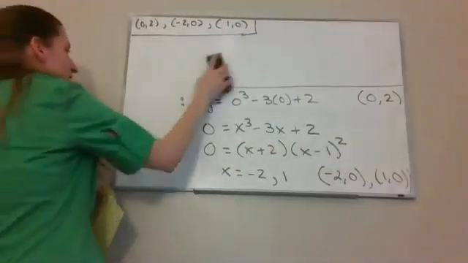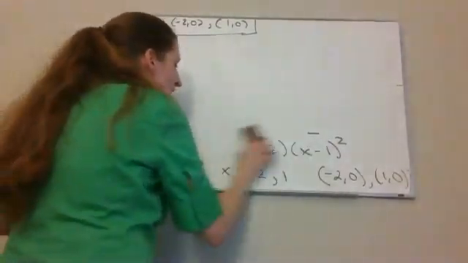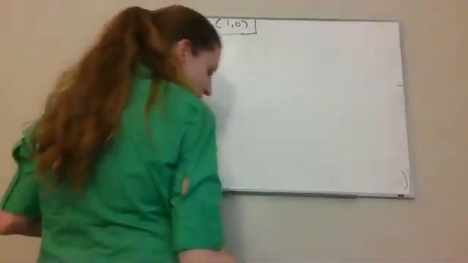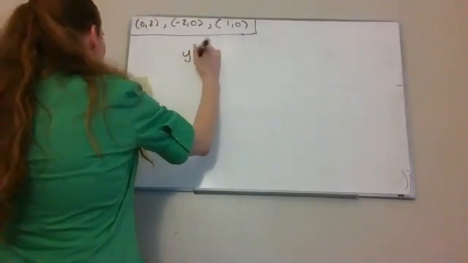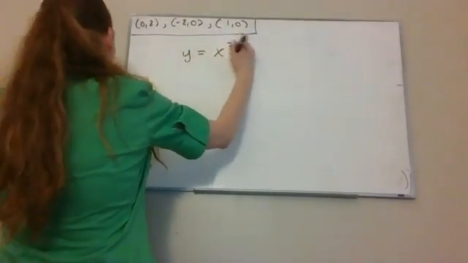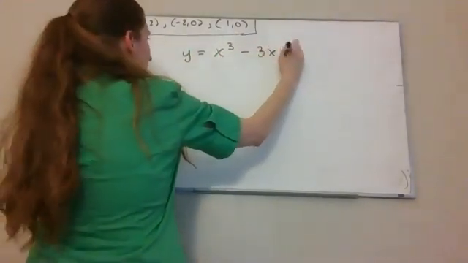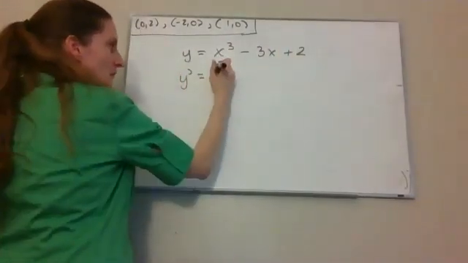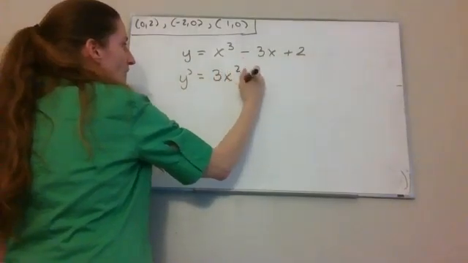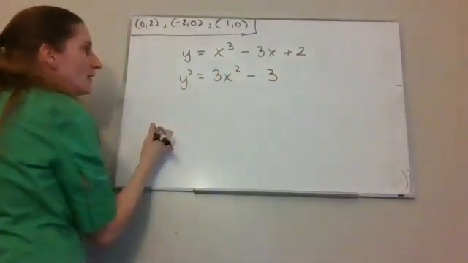Now let's find where our function is increasing or decreasing, because we'll need that information to graph. So remember, our equation was y equals x to the third minus 3x plus 2. Let's find the derivative. Using my power rule, I get 3x squared minus 3.